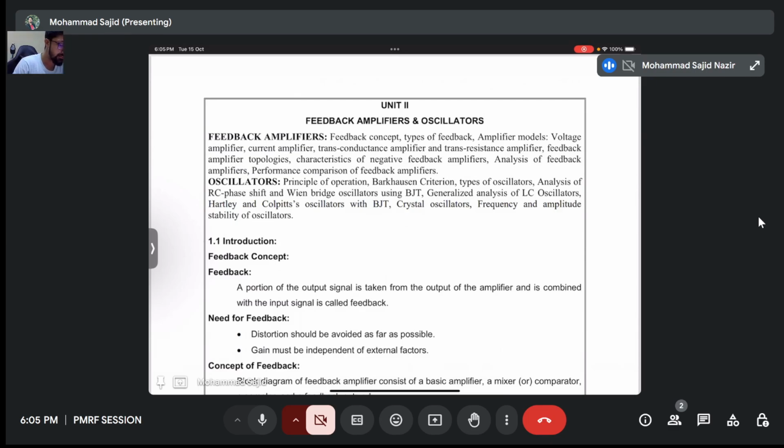So, the feedback concept is that you can take a part of the signal at the output to the input. That is what this feedback is. And there can be different types of feedbacks we will see.